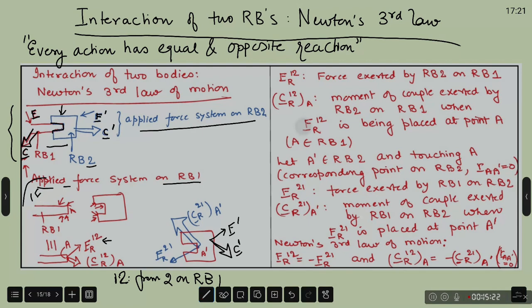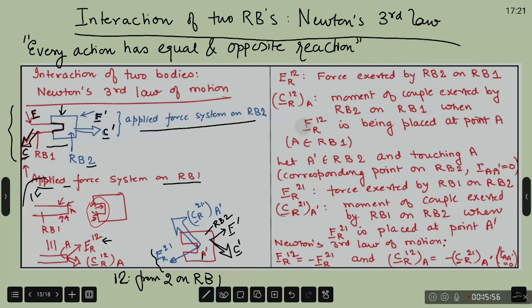In general, it is a distributed force system, and I don't want to care about distributed force systems. I want to replace that force system by one single force Fr21 and one single torque Cr21, acting at point A prime. A was here and A prime is here. I have written all these things here.